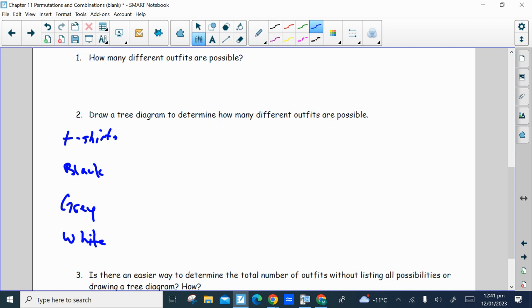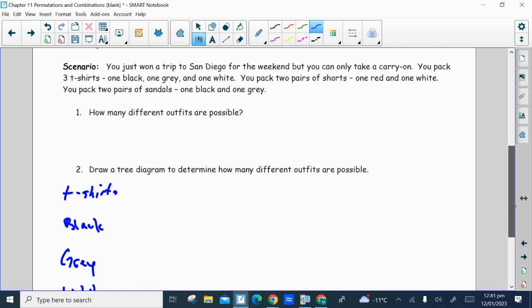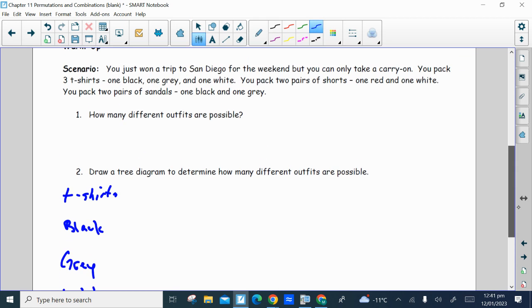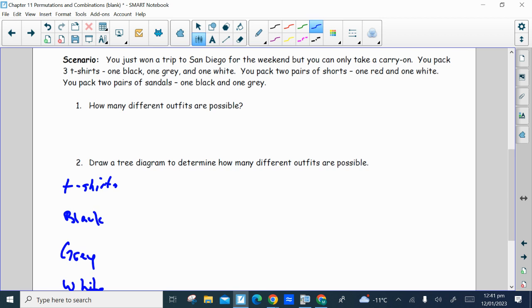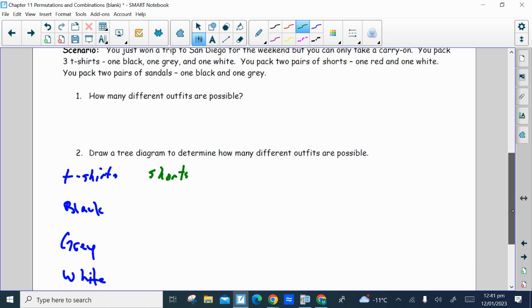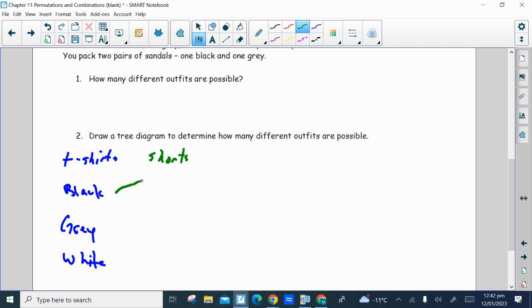Now, for every t-shirt that the person selects, they have to choose from two shorts. So if our next column is the shorts, for each t-shirt, they can choose shorts that are either red or white.